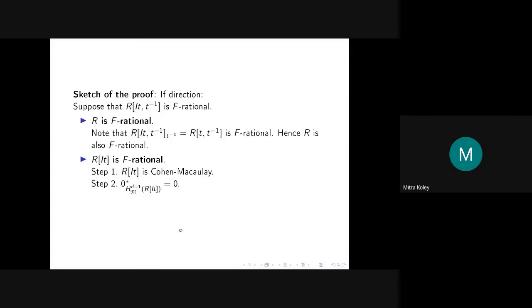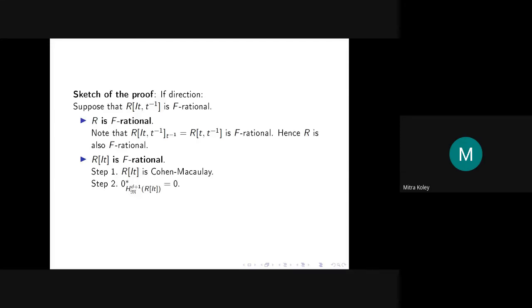Now I'll sketch the if direction, and our machinery also gave an alternate proof of the only if direction. The if direction means we assume that the extended Rees algebra is F-rational, and then we show that the Rees algebra and the base ring are F-rational.